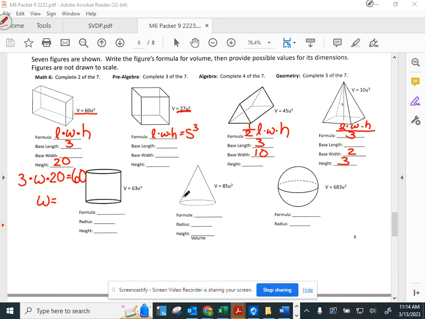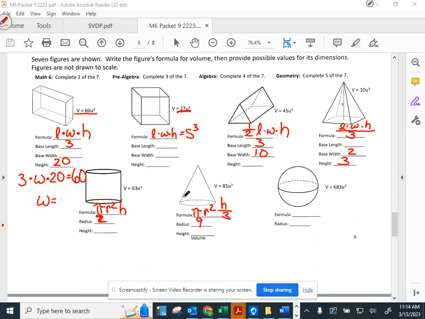The cylinder is pi r squared times the height. And we're going to use a radius, that r being 2. Our cone is pi r squared, height divided by 3. We're going to have that r, our radius, be 9.